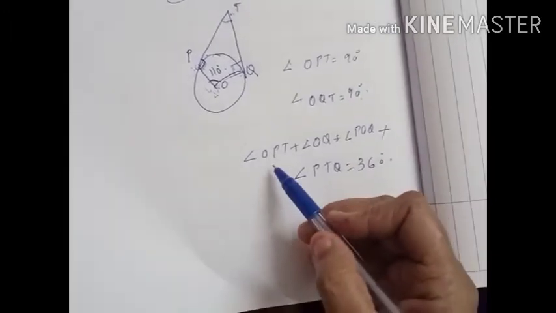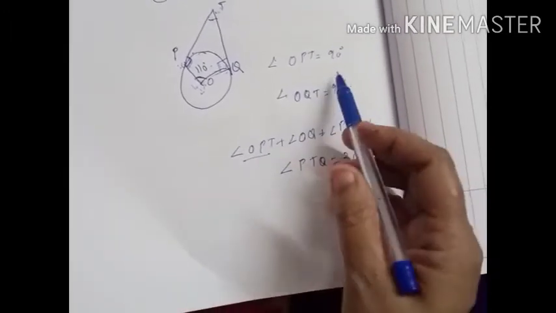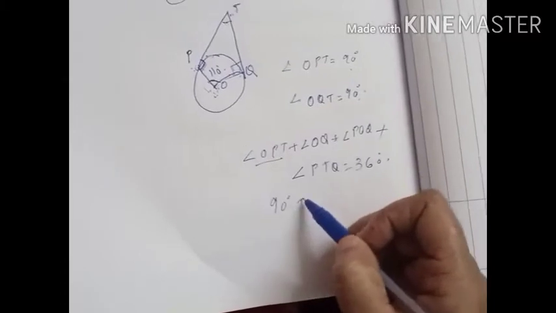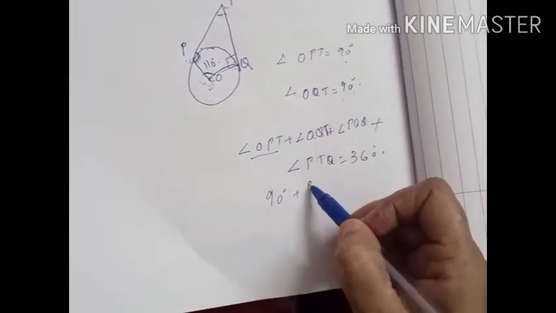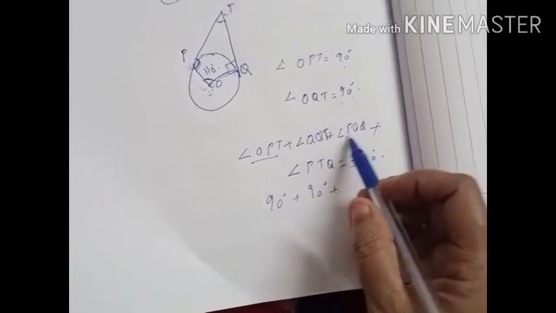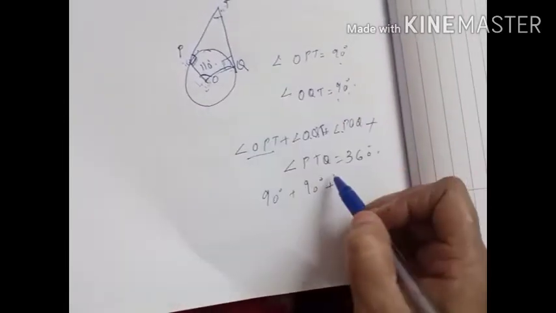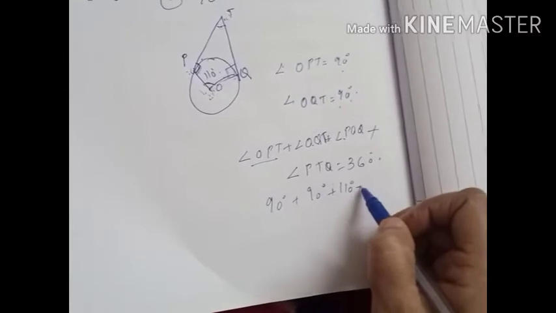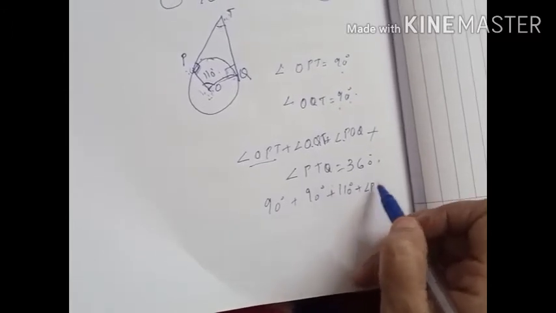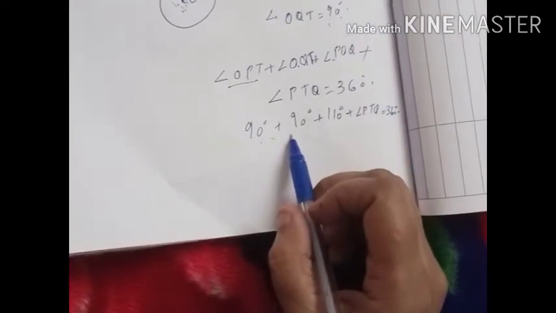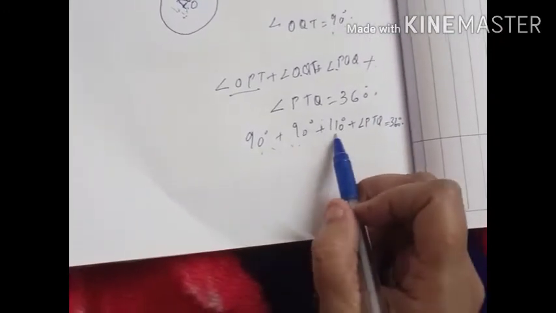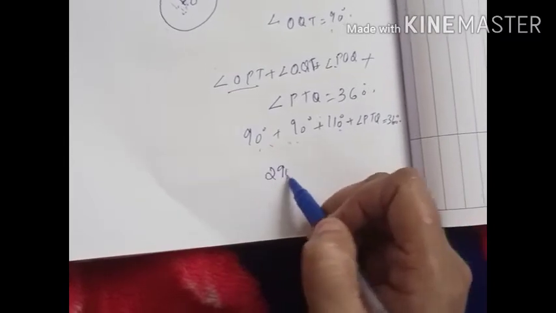Then we have to substitute the values. OPT is 90 degree. OQT is also 90 degree. Then POQ is given as 110 degree. Then we have to find angle PTQ equal 360 degree. Now 90 plus 90, 180. 180 plus 110, 290.